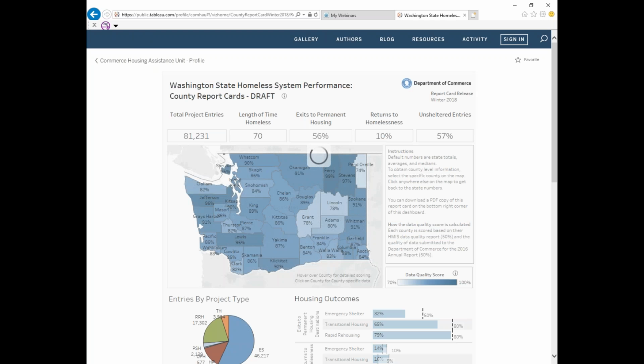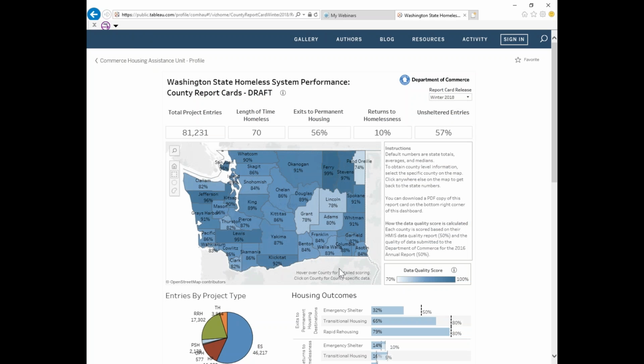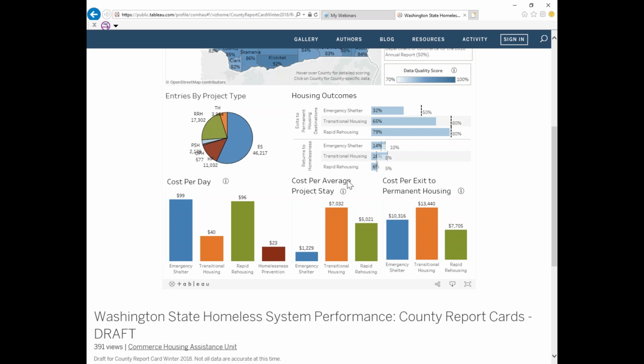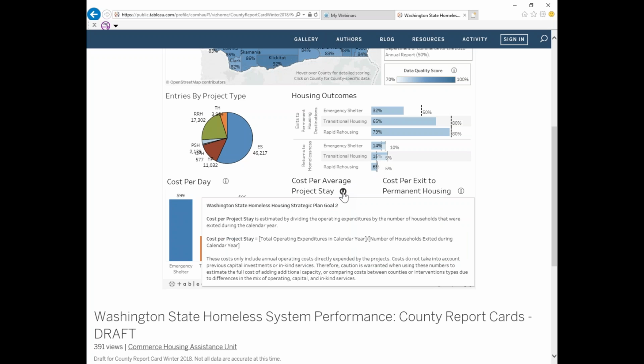So about the cost data, I first want to point out that if you look on these tooltips, there's a paragraph at the bottom that makes it clear that this only includes operating costs and does not take into account previous capital investments or in-kind services.